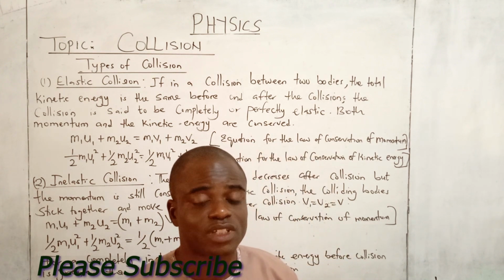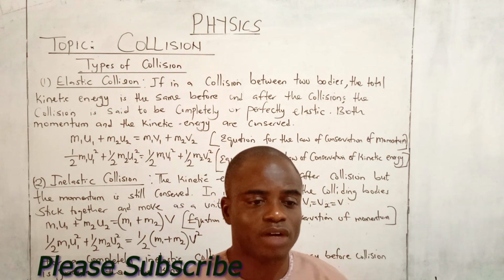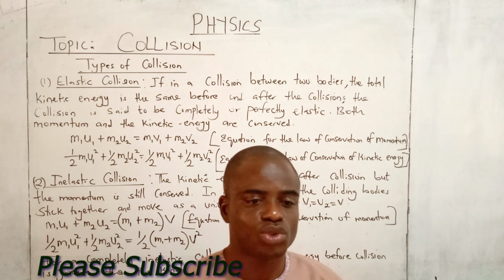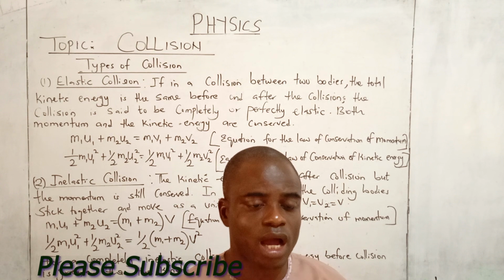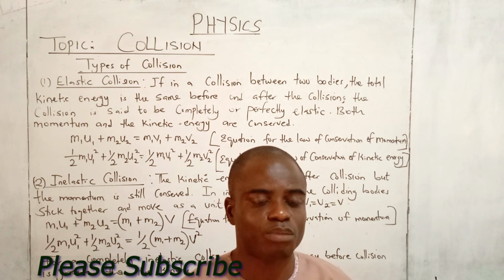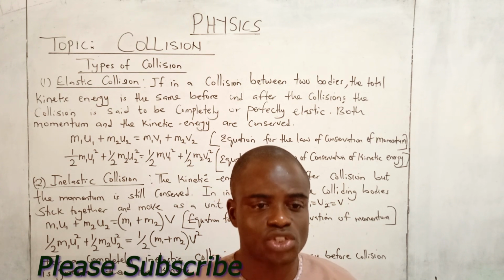Now, the law of conservation of the kinetic energy, we have that one to be half m1 u1 squared plus half m2 u2 squared equals half into open bracket m1 plus m2 close the bracket v squared.